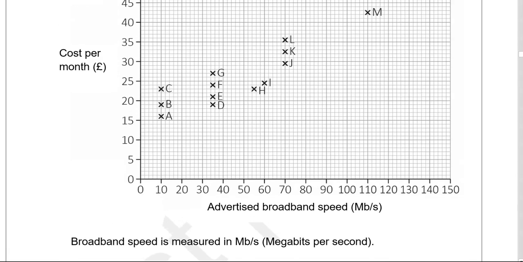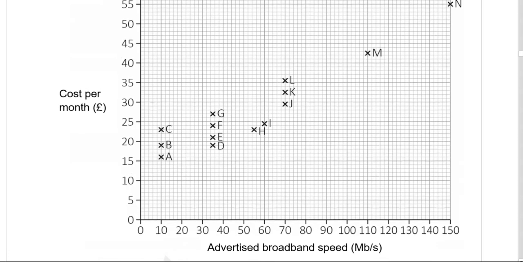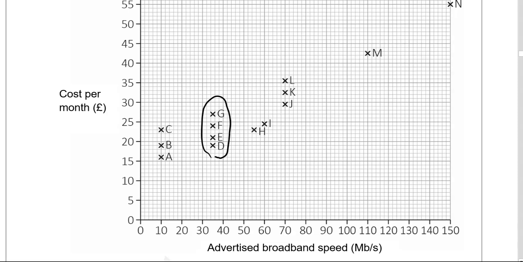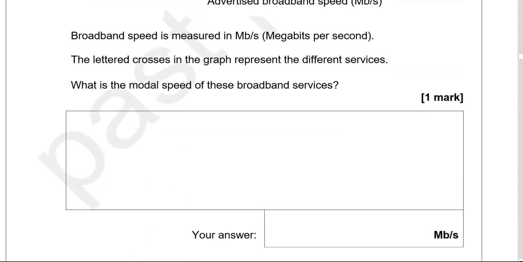So modal, the most common, and if we look at them, we've got 4 of them here, whereas there are 3 here, 1, 1, 3, and 1. So this is basically between 30 and 40, which means 35.